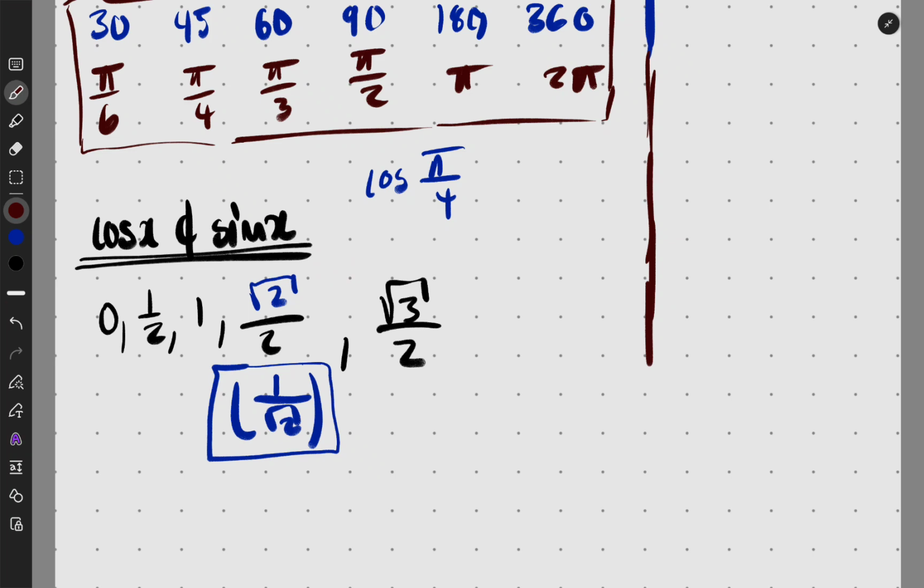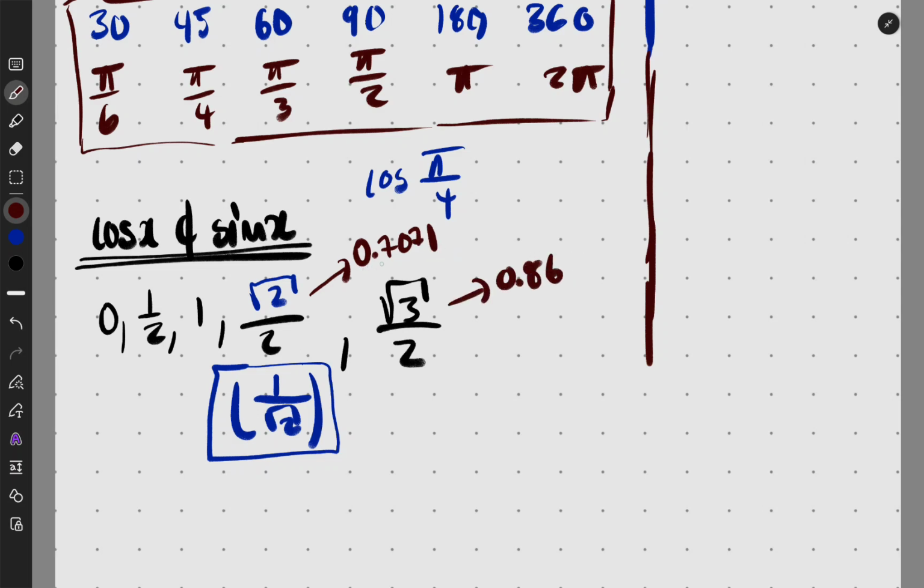Now, you must know that they don't want that. We said the solution is going to be one of these. So you are getting 0.7071. Is it 0? No. Is it half? No. Is it 1? No. Is it root 2 over 2? Maybe. Is it root 3 over 2? Maybe. But you must see which one it is between these two. The root 2 over 2 is 0.7071, while the root 3 over 2 would be 0.86 and so on.